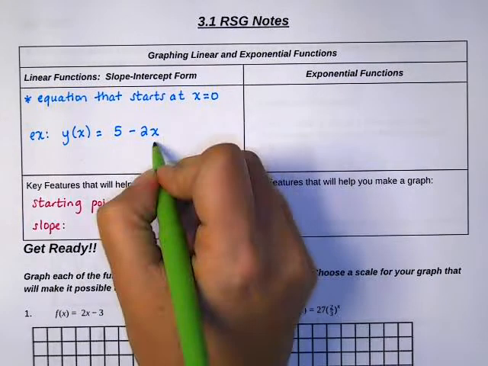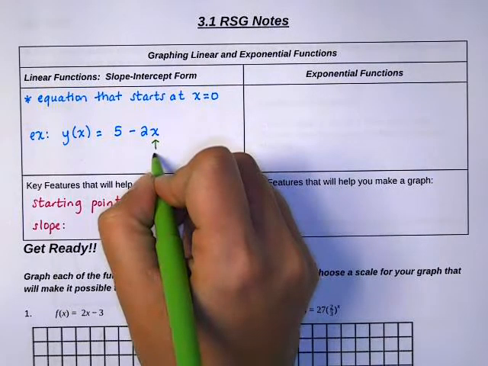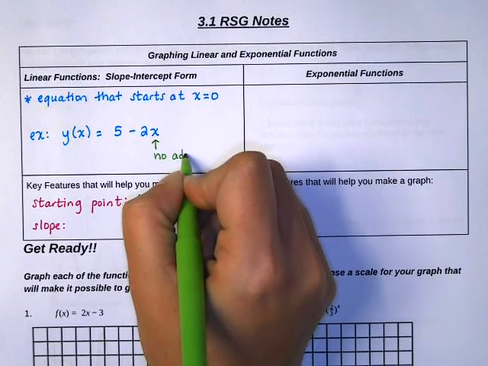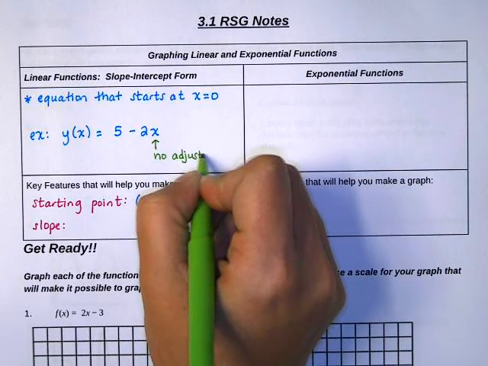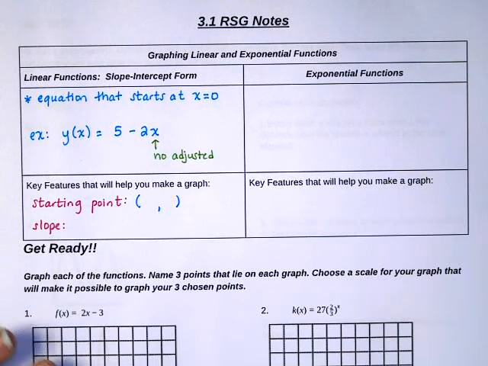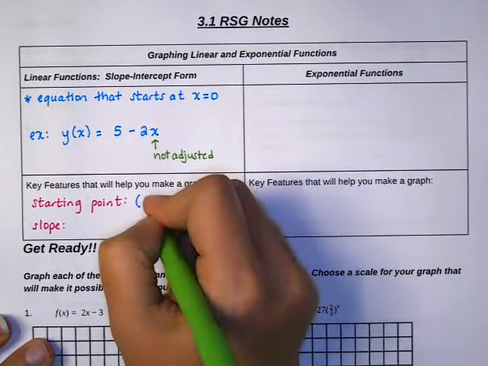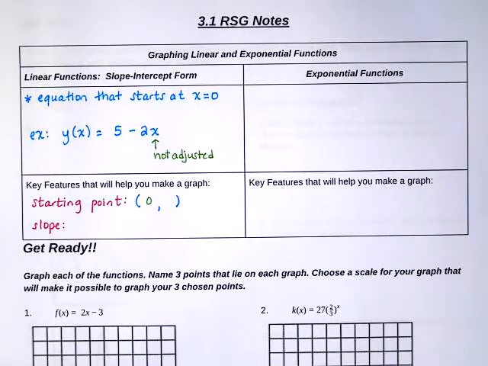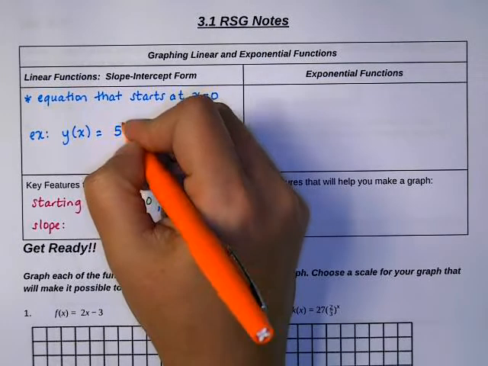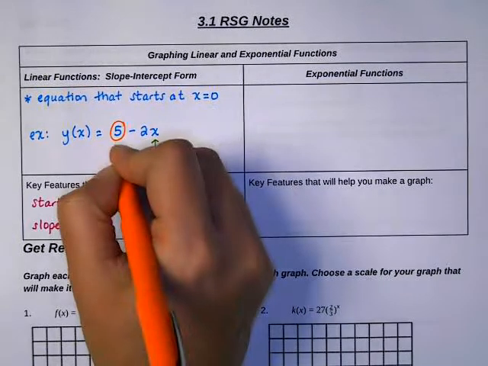Since the x did not get adjusted, so we didn't have to add 1 or subtract 2 in order to get back to 0, we're going to say that our starting x is 0. And our starting y value is always the first number in our equation, which in this case would be 5.